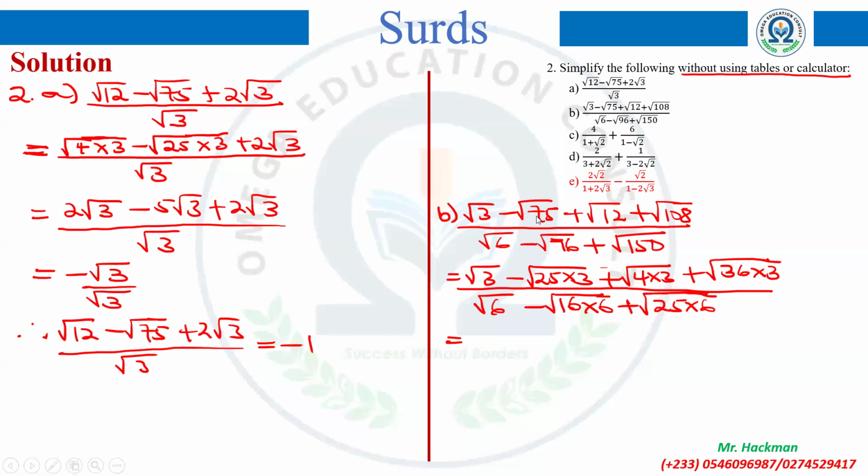Same here: because this is root 6, if you can easily combine, then 6 is supposed to be a factor of this, and you divide to get the other perfect square factor. So check to know how you can easily get the highest perfect square factor. I guess my point is well made.